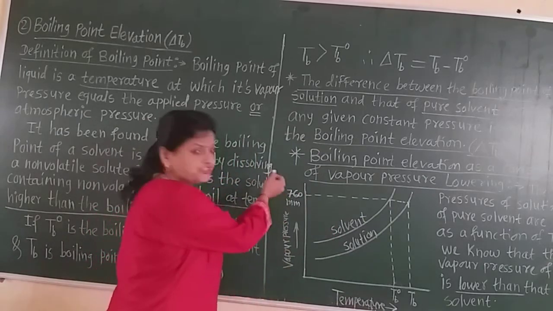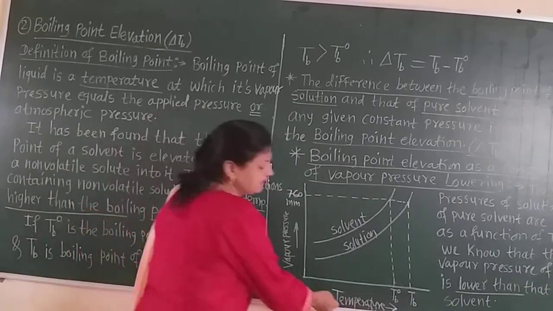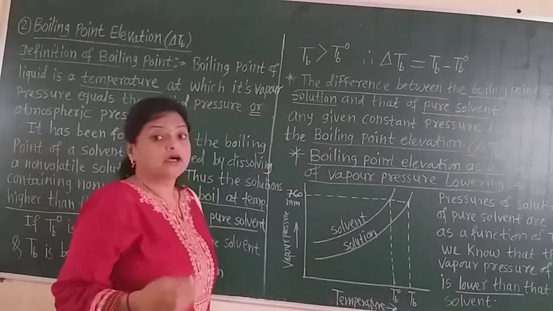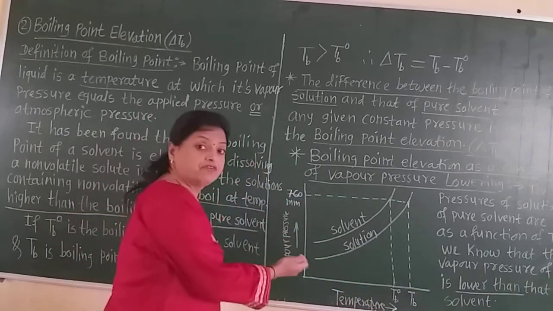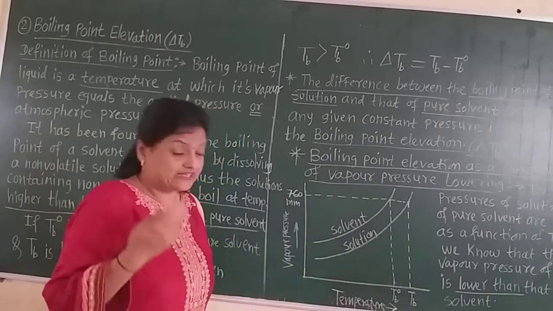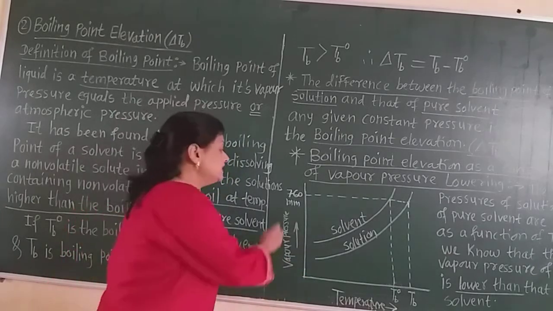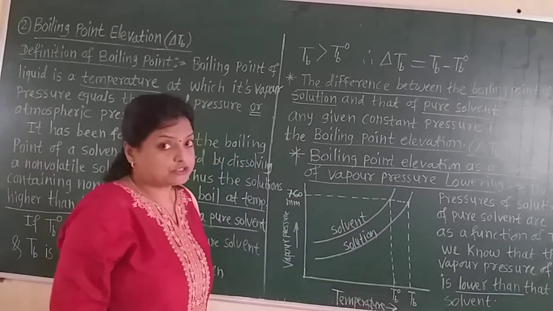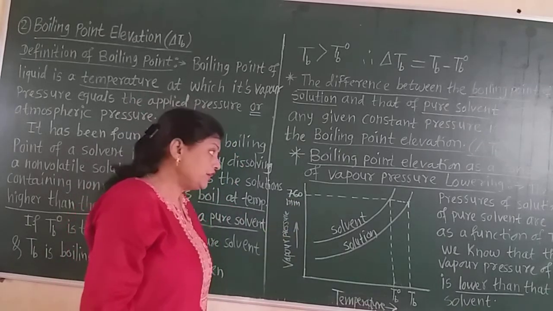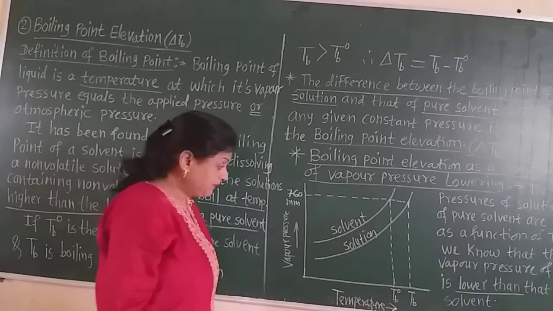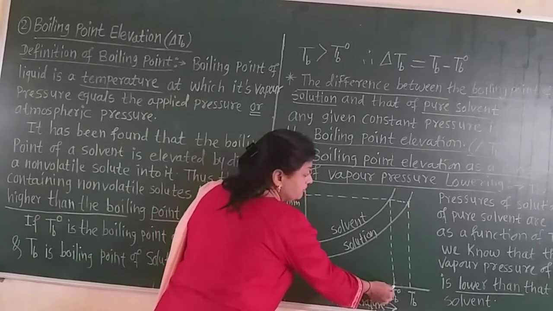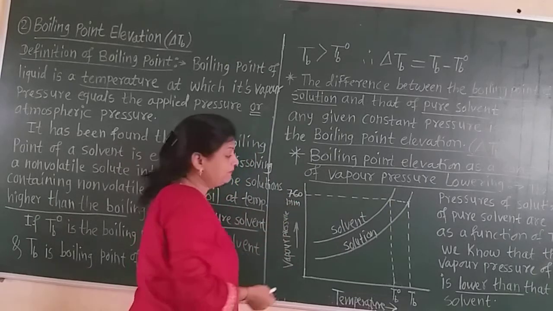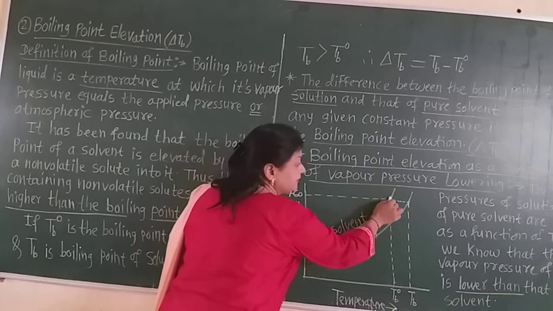Here vapor pressure increases and here temperature increases, if we plot a graph of vapor pressure versus temperature of solvent and solution. Now, this 760 mm is the 1 atmospheric pressure. Now, we know that the temperature at which the vapor pressure of that liquid becomes equal to atmospheric pressure.